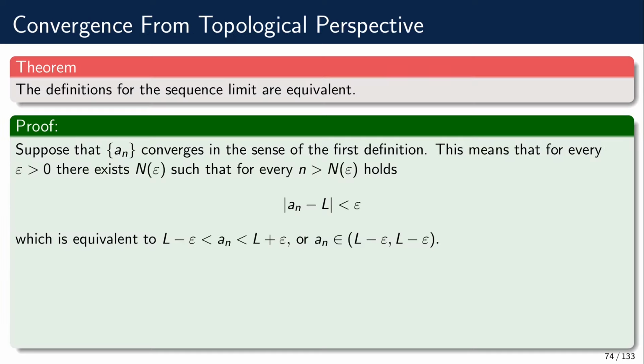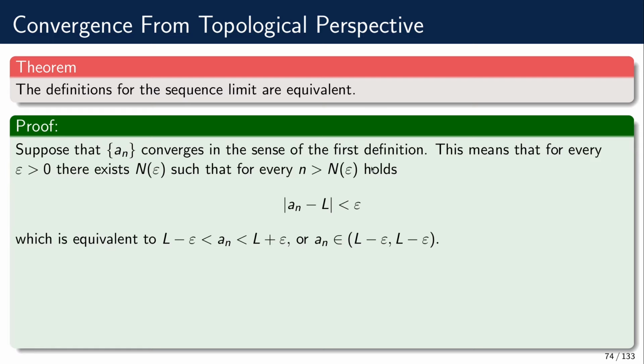And so now when we give two definitions of the same thing, let us show that these two definitions are equivalent. So this is in fact a theorem. The definitions for the limit of the sequence that were given here are equivalent. And let's prove it. So suppose that we have a sequence an that converges in the sense of the first definition.